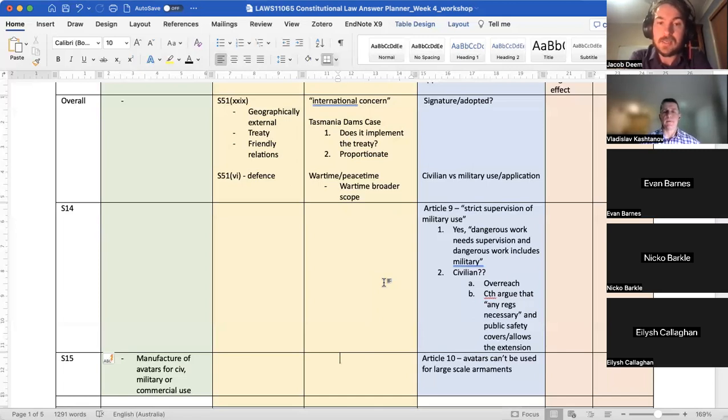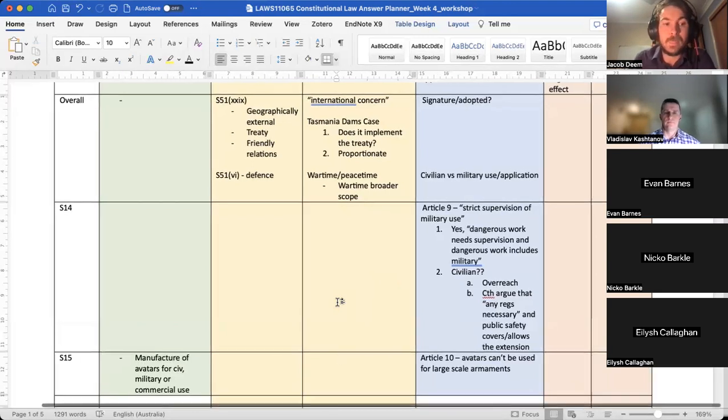But on the scenario that we've got in front of us, there's not enough to really sustain a deep discussion of those limbs. Absolutely, we're guided to discussing that treaty limb.